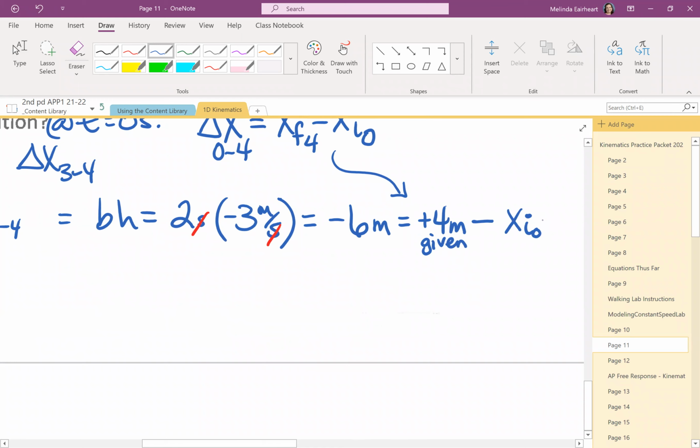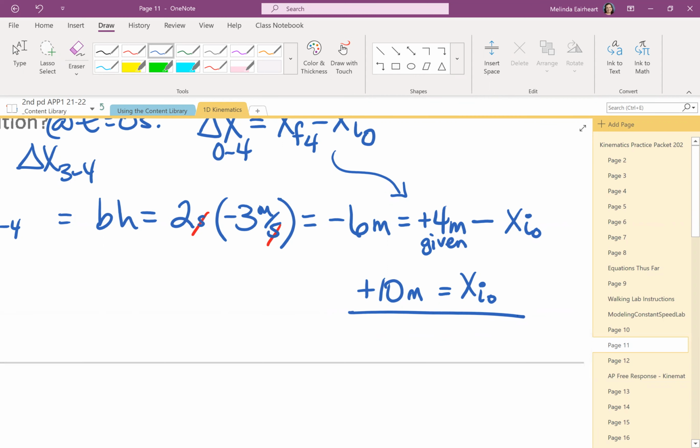So whatever math order you do to solve this, or you can think 4 minus what number equals -6? 10, a positive 10, right? And so your final answer is positive 10. You start at positive 10. In the first 2 and in the first 4 seconds, you have a displacement of -6. So at 4 seconds, you end at the 4 meter mark. Good deal?